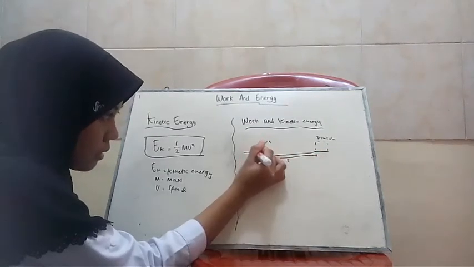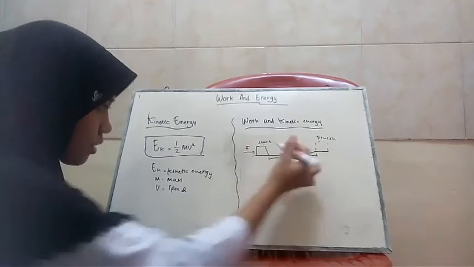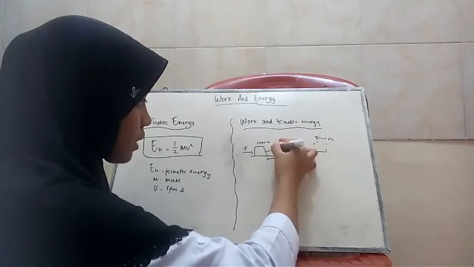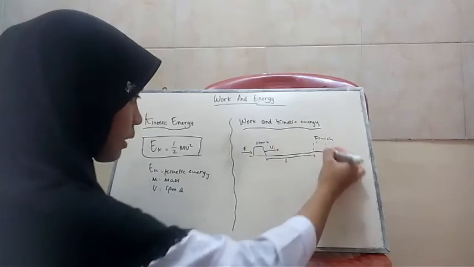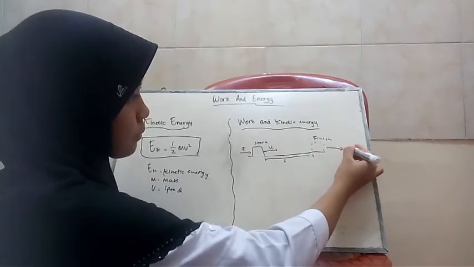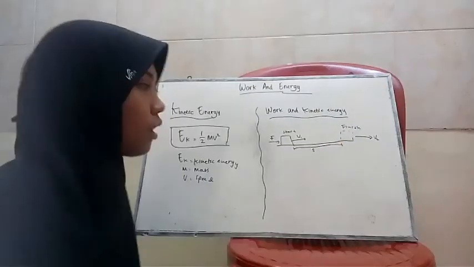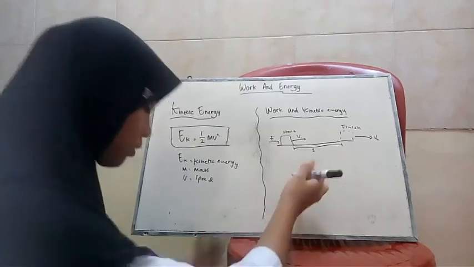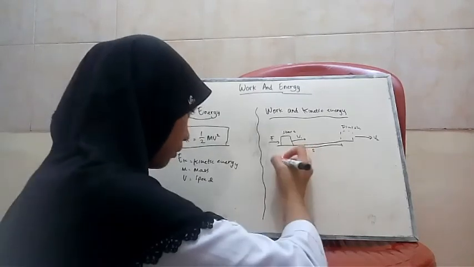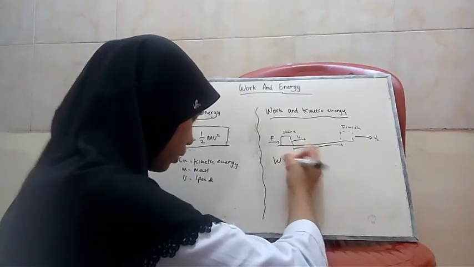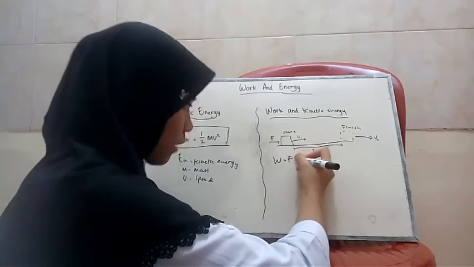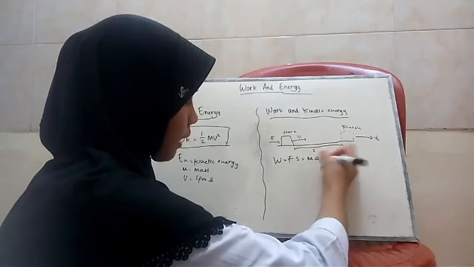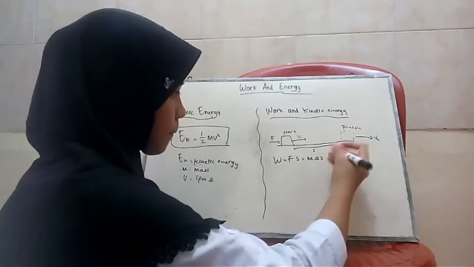There is a force, and this is speed 1, and here there is speed 2. From this picture, we can formulate W equals F S equals M A S.